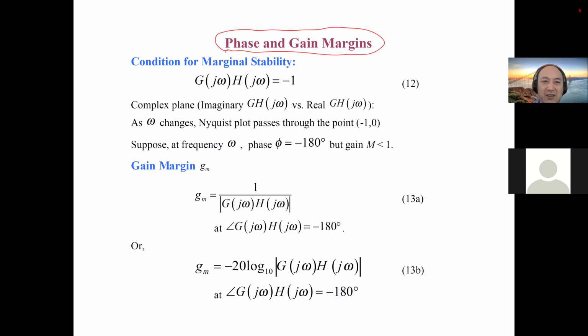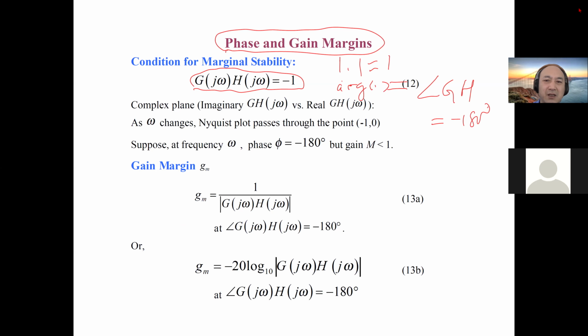So what I told you here: if you have this total loop is minus 1, minus 1 means the magnitude is 1, or you have the argument of this GH, or you can write this one as the angle of GH, being minus 180 degrees. We have seen that.